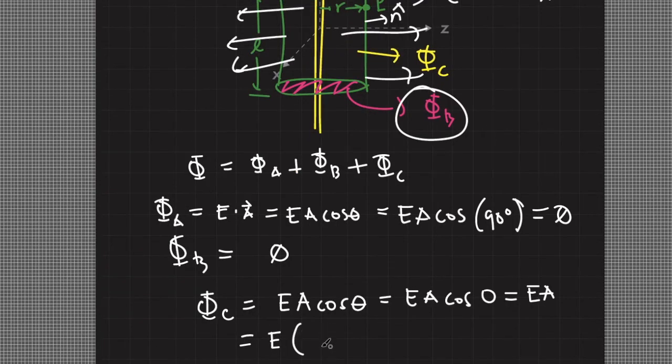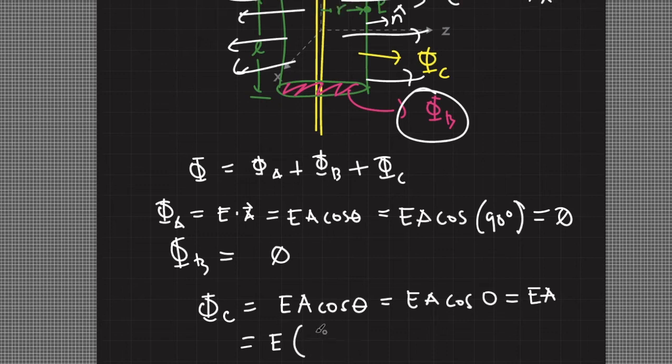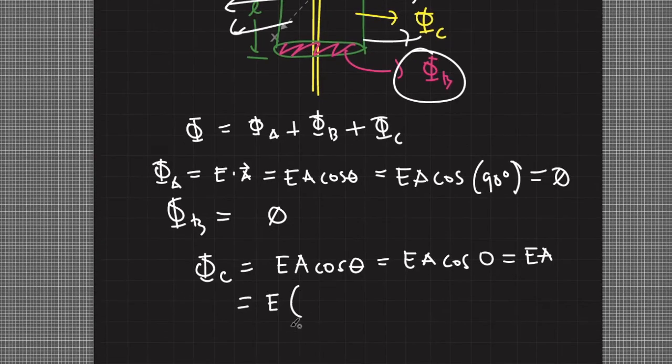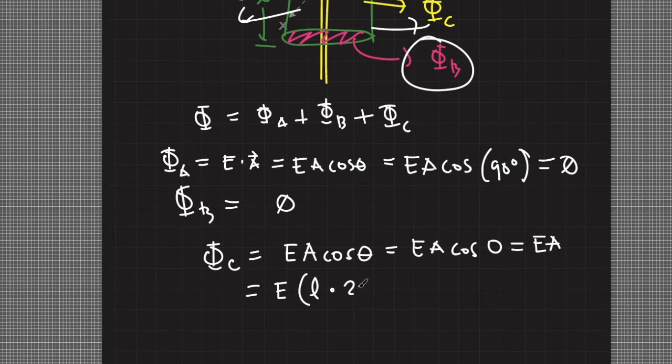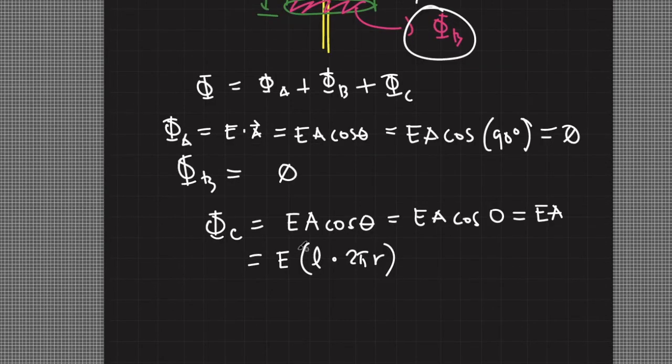The area is equal to length times width. The length of the curved side is L, and the width is this part, which is 2 pi r. So the total flux is equal to the flux sub C, which is E times 2 pi r L.